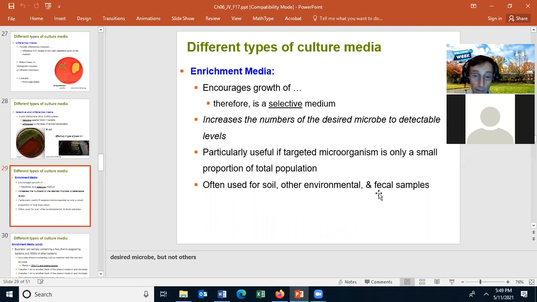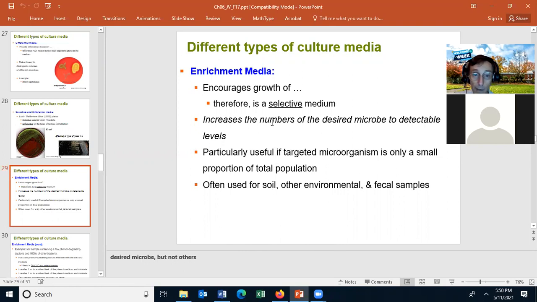For example, if the microbe is less than 1 in 100, and we were to streak it out on a plate and get 10 isolated colonies, we're unlikely to find the microbe that we are interested in because it's so rare in numbers.